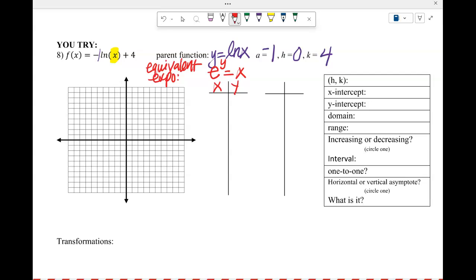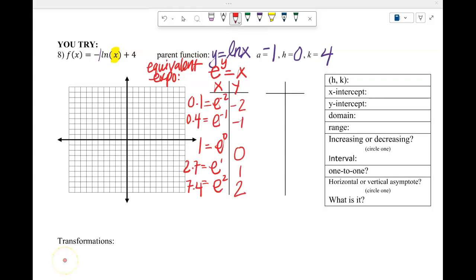So take a moment to please do that. Okay, let's double check before we do the transformation tables. Did you guys get -2, -1, 0, 1, 2 for y, and then 0.1, 0.4, 1, 2.7, and 7.4? Now go ahead and make your transformation table.